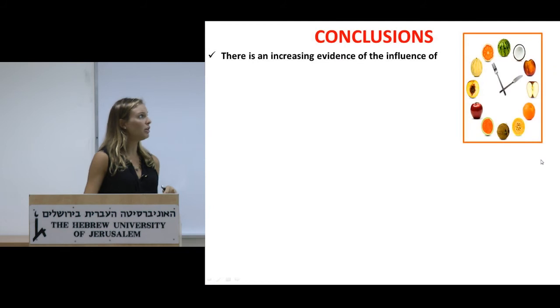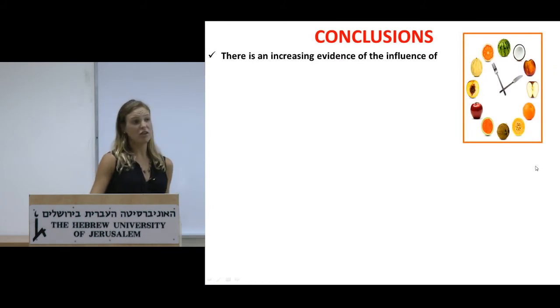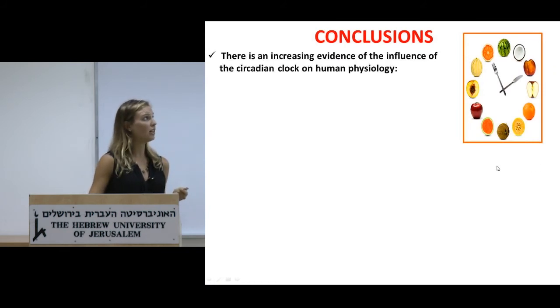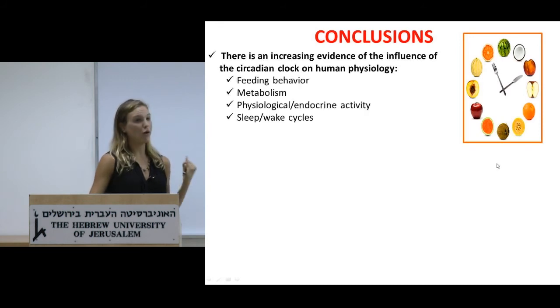So in conclusion, there is increasing evidence of the influence of the circadian clock on human physiology, in our feeding behavior, metabolism, physiological endocrine activity, sleep-wake cycles.